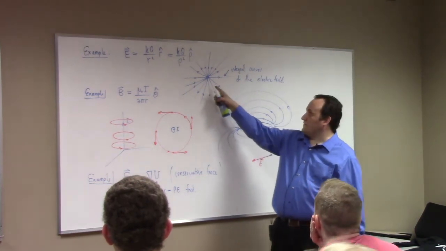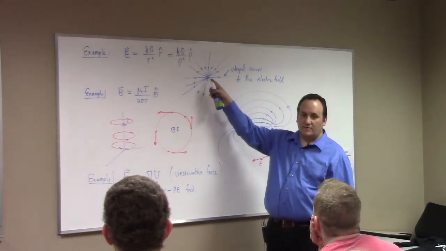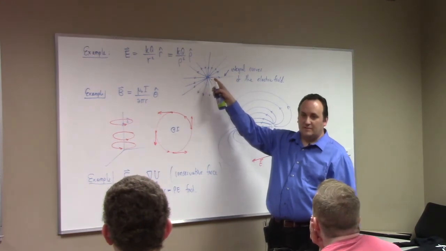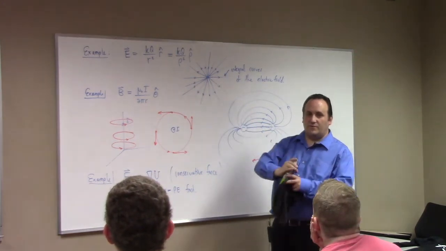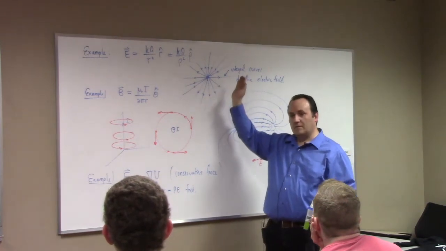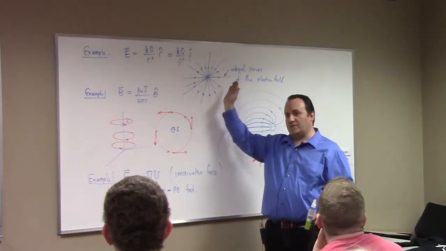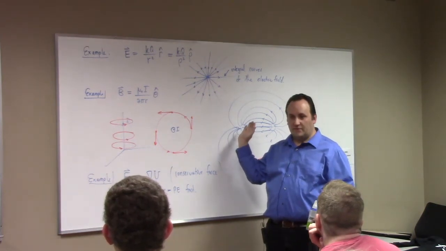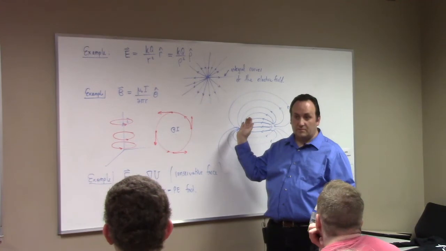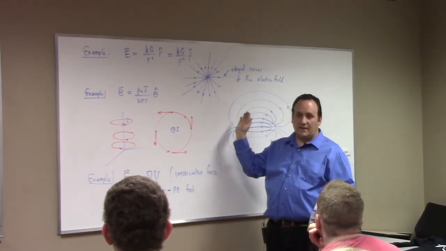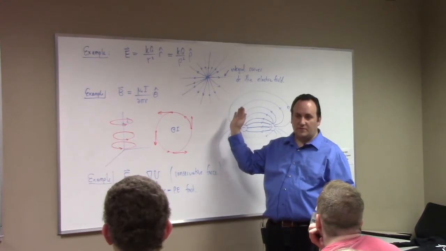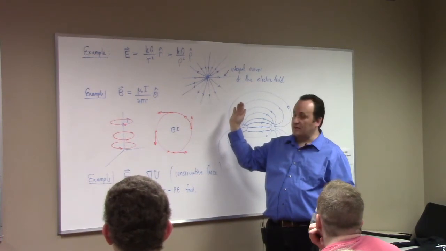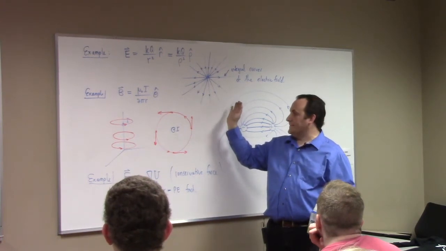So you can see that the electric field is stronger near the origin because the lines are more densely packed. For a given surface that you go through, the number of lines which go through a given surface area is much smaller as you go out, right? So the number of lines piercing a given surface area has to do with the magnitude of the field in physics. So the number of field lines piercing a certain surface is an important idea. That's what's known as flux. Flux is the number of field lines that cut through a surface at a given area.